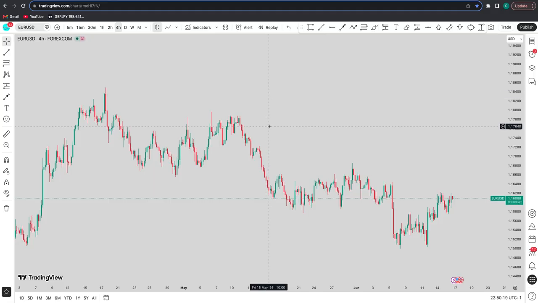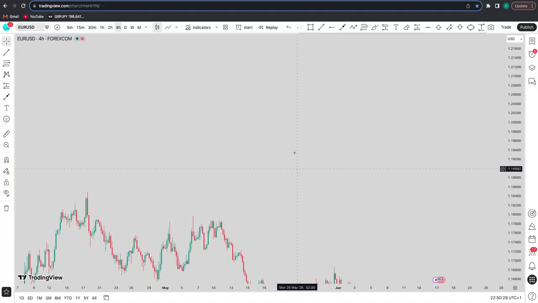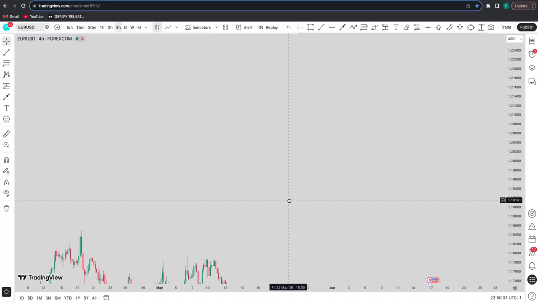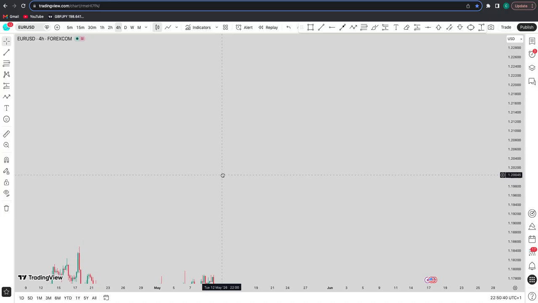So before we get started, I want us to actually talk about what is a trend line. Imagine a trend line as a road guiding the price.